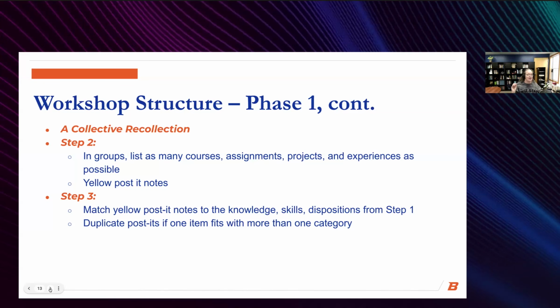Many times there will be a single course that touches on a lot of different skills or dispositions, or a single assignment even that helps them accomplish those different things. And so we have them duplicate those post-its if one of the items fits more than one category.